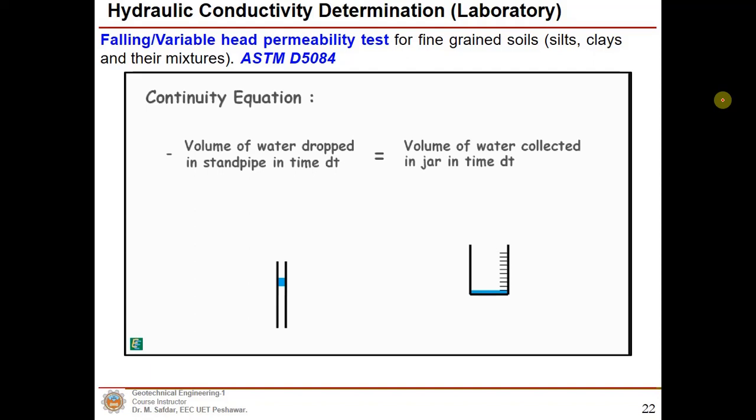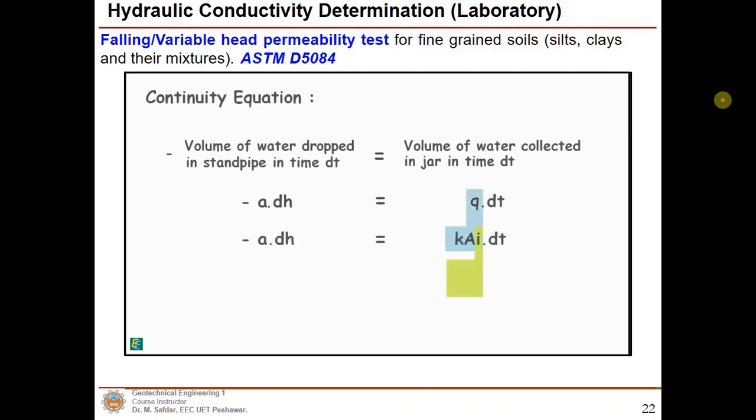Volume of water dropped in the standpipe is area of standpipe multiplied by the height of drop of water, and the amount of water collected in the jar is discharge rate multiplied by the time interval. We can write a discharge rate by Darcy's law as this.